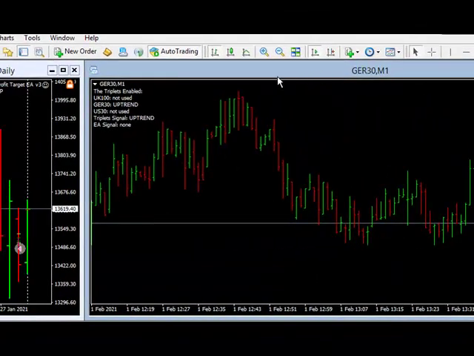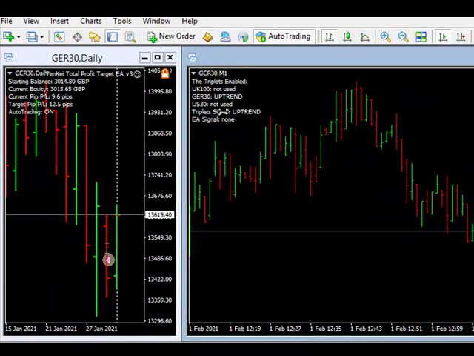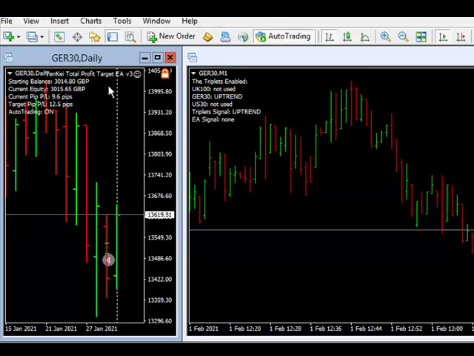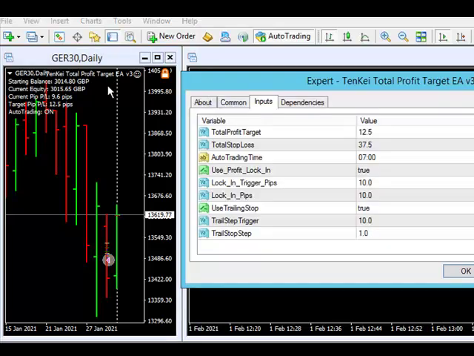So whenever you want to press F7 to open a particular EA, you click on the chart where you want the EA to open. In this case, we press F7 again, and it comes back to opening the TenKei TPT.